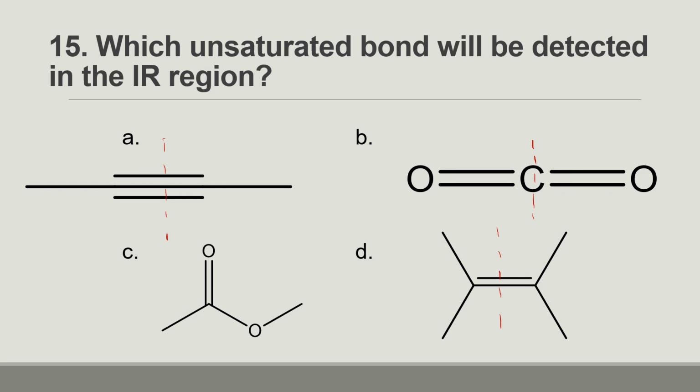So, this bond, C double bond O, will reflect in the IR spectra kung sakaling i-run mo ito sa IR spectrometer. Magre-reflect yung peak ng C double bond O. Okay, so the correct answer for 15, ang madidetect na bond na unsaturated, is letter C.